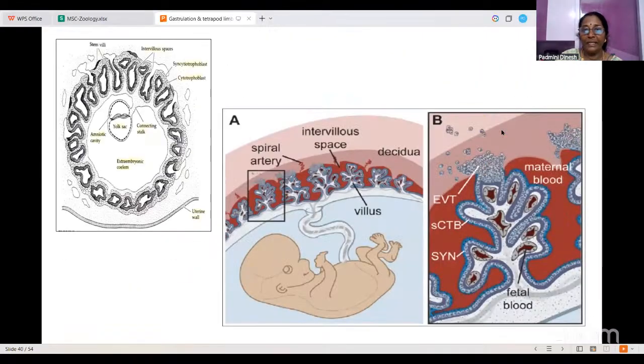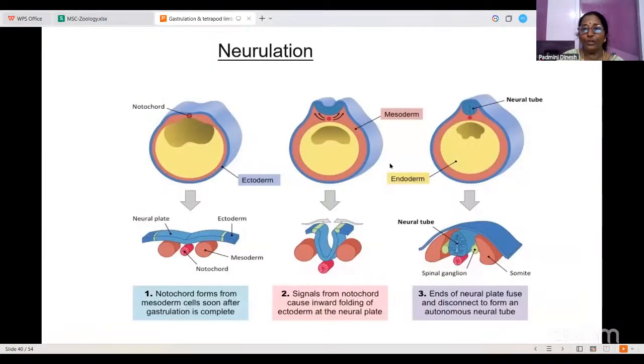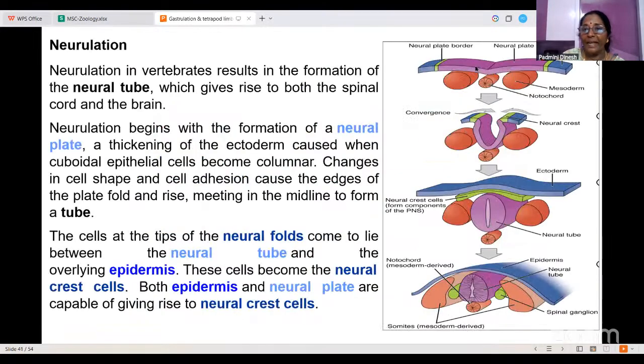The ectodermal region in the anterior is going to be given information. The notochord is going to send signals to the ectoderm above it to change its shape.